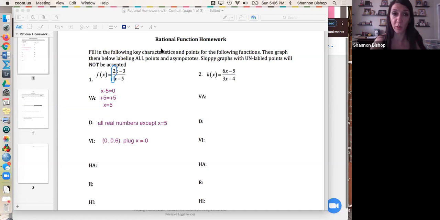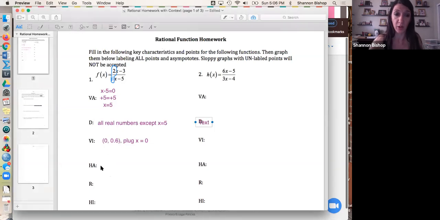So 2 over 1, which means, as far as your writing it goes, your horizontal asymptote, just like your vertical asymptote, has to be identified by its letter. So y equals, remember it's a horizontal line, so it cuts through the vertical axis at a y value of 2 over 1, but 2 over 1 is really just 2. So y equals 2 is the horizontal asymptote.